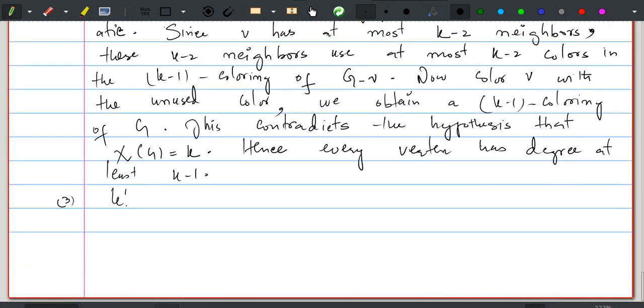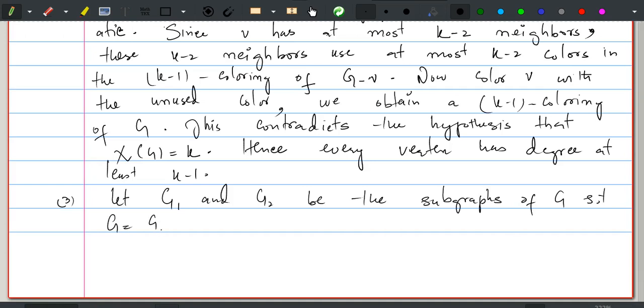So let G1 and G2 be subgraphs of G such that G is their union and their intersection is some complete graph, that is, a graph on m vertices, which is actually a complete graph.